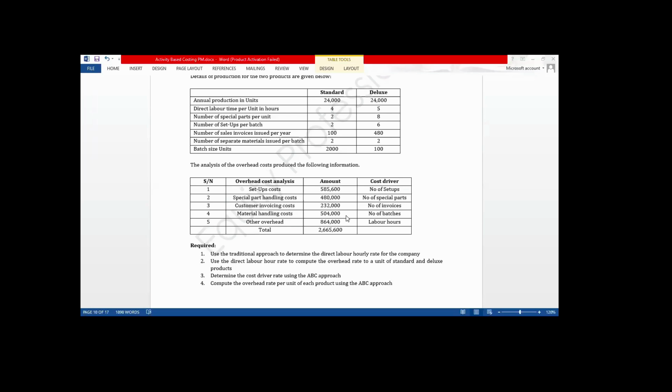I'm mistaking this. Please go to page 146. Not 138, 146.